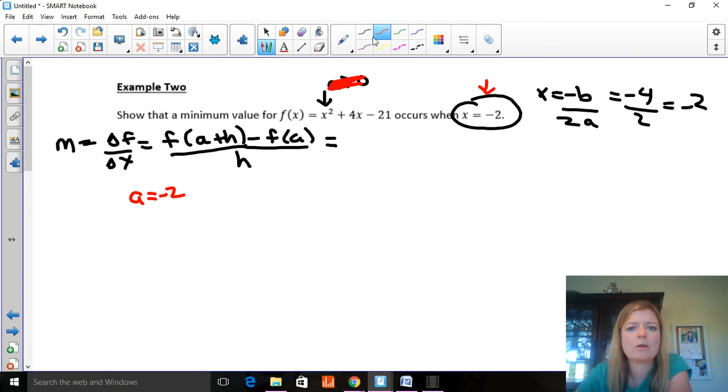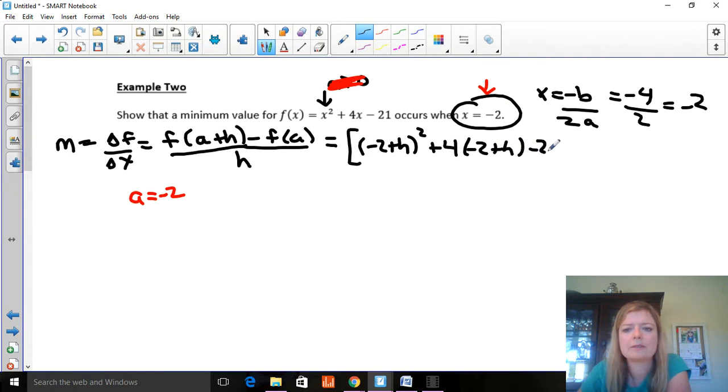So f at a plus h is, we're just going to find f at -2 plus h. We're just going to put in -2 plus h every time we see an x. So this is our first section here: -2 plus h all squared plus 4 times -2 plus h minus 21.